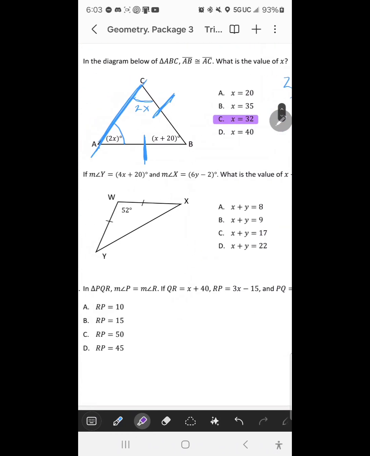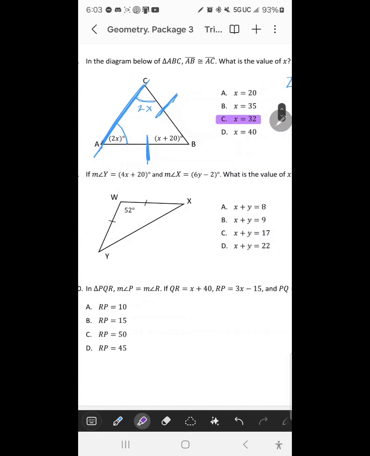Okay, perfect. Next one. Okay, we have that y is 4x plus 20, and x is 6y minus 2.